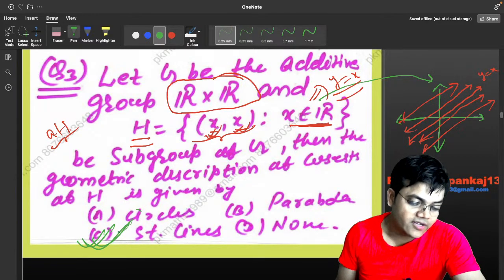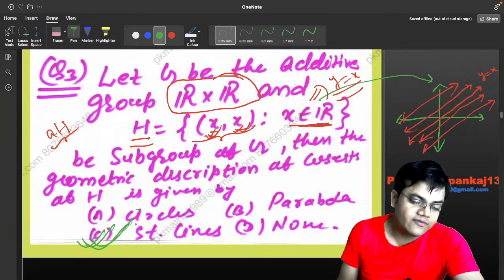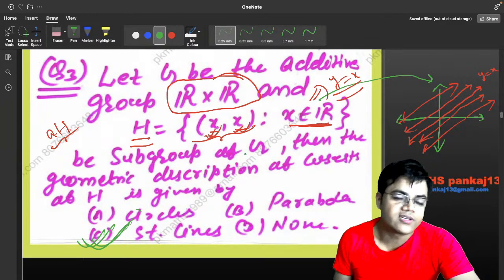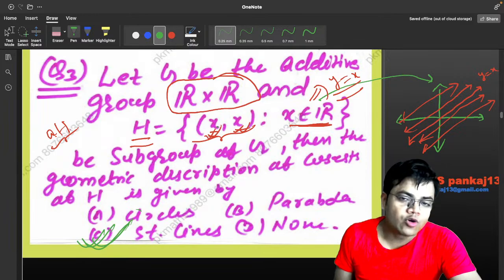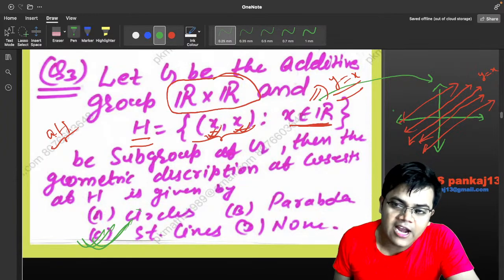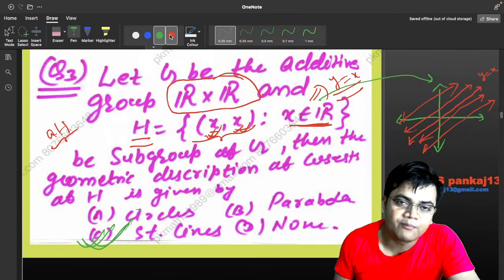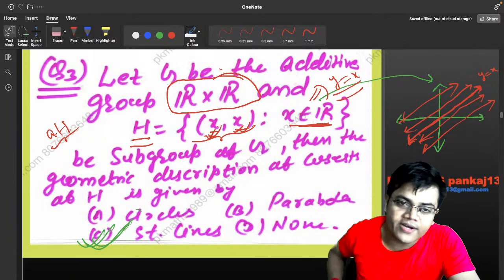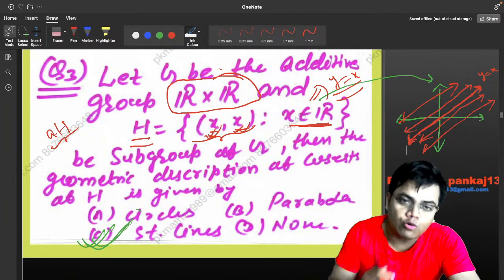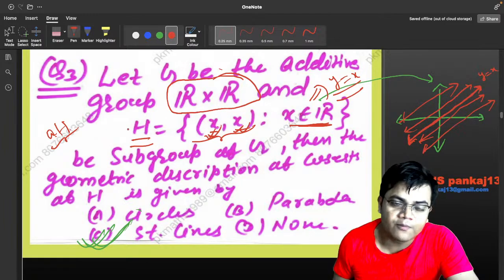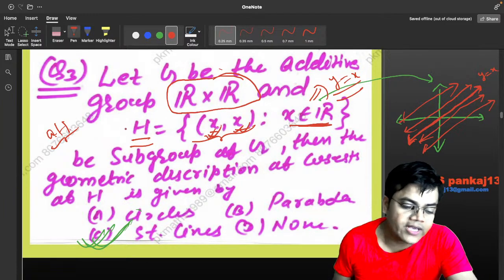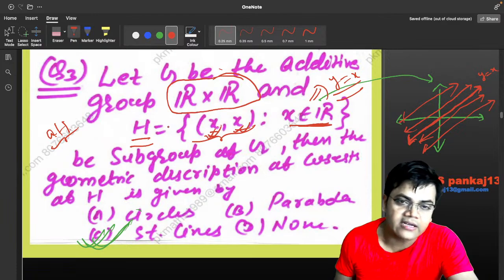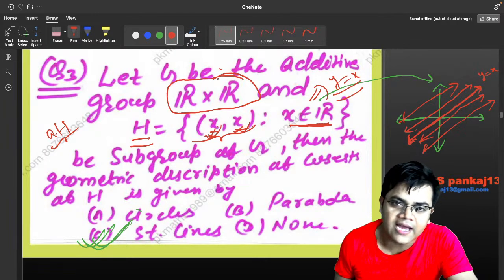And this time Shivani Verma is there. Shivani, for this question the answer is a straight line, because the subgroup is going to be obtained with the help of this straight line passing through the origin. If you want to give the geometric description of the cosets, then for example, there is no need to multiply because additive things are over there.